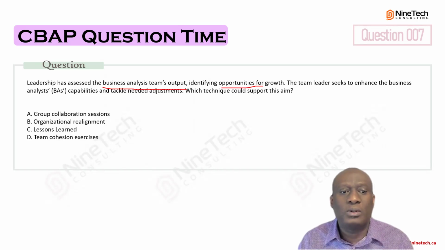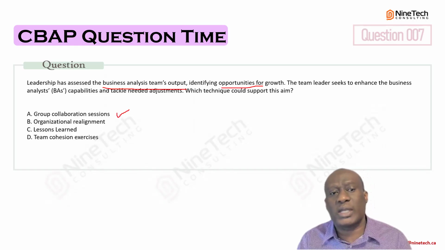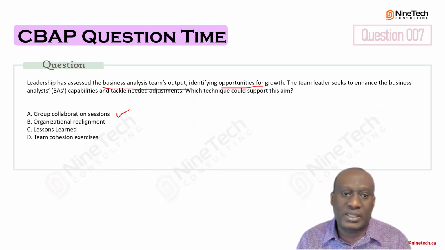A, group collaboration sessions. Now, group collaboration sessions could help us in finding opportunities for growth. But remember, those opportunities have already been identified. So that cannot be the answer. Organizational alignment. What technique? Organizational alignment is not a technique, so I would say no to that too.